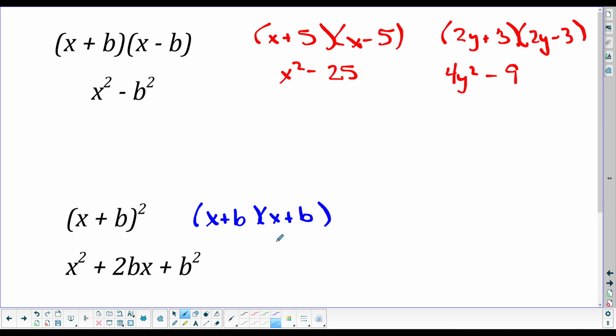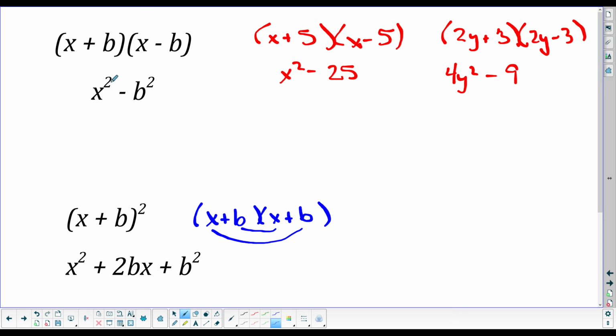So we will get a middle term. Up here, when we combined those middle terms, they canceled out because one was positive and one was negative. Down here, we're not going to see them cancel out because they're both positive. Instead, the outside term and the inside term will be b times x plus b times x. We'll end up with two of those.